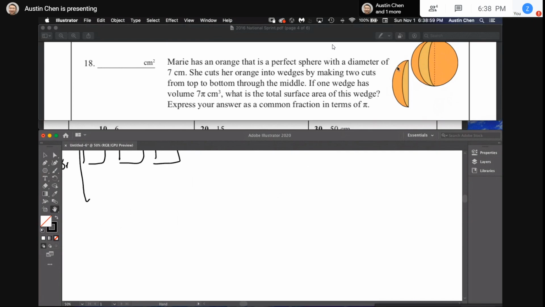And if we get that, then we can find the peel surface area, because then we can just use that same fraction on the total surface area of the orange. And then the inner surface area is not too bad. Those are just circles of the sphere, right? So we can also get that.